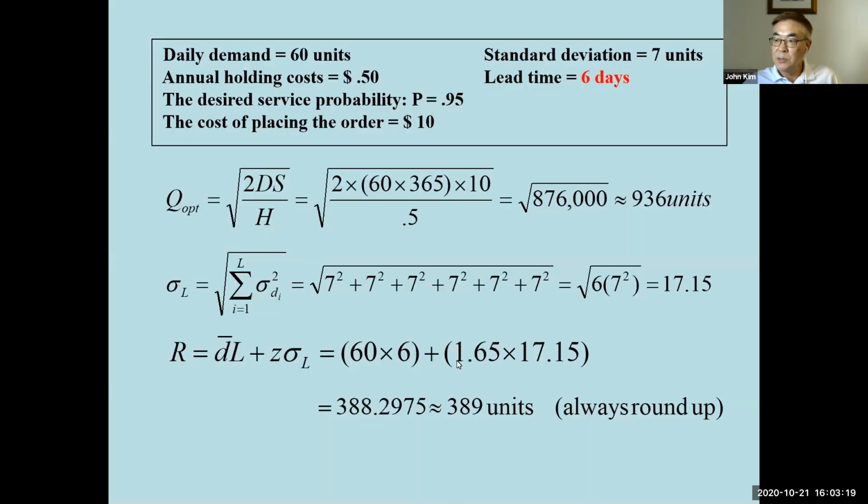So plug in Z-score here. Daily demand or average demand 60, it is given, and times L 6 plus Z-score 1.65 times standard deviation during lead time. So it is 388.2975. Always round up, so reorder point is 389.